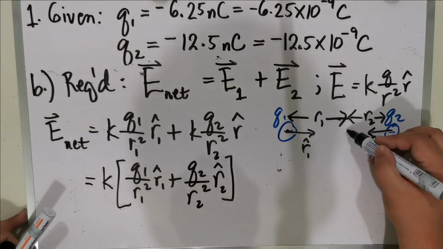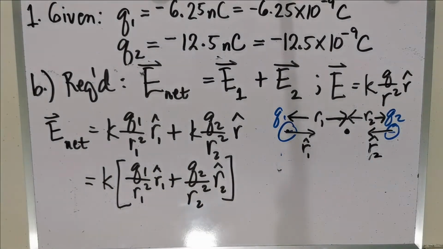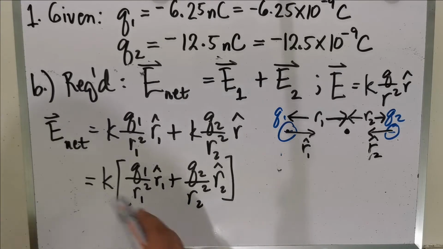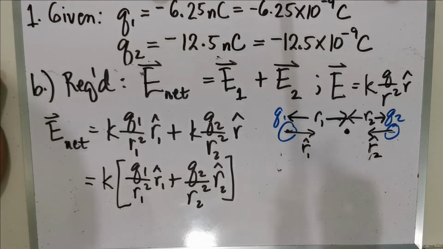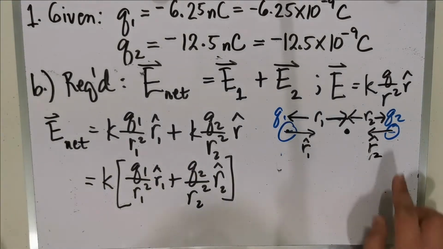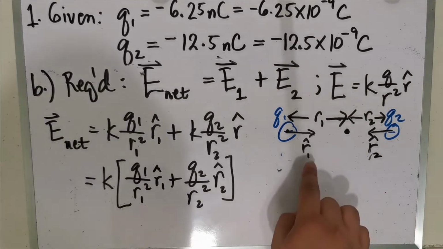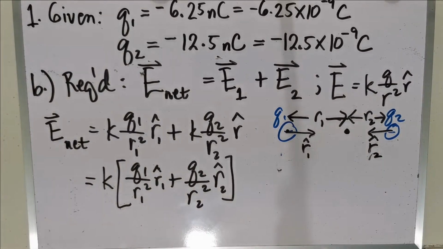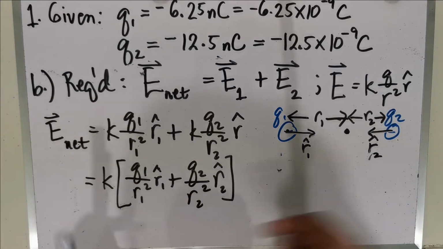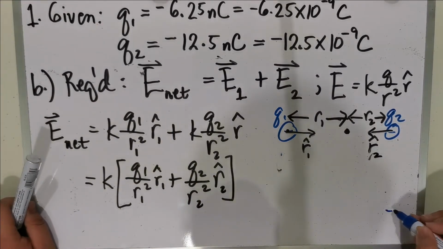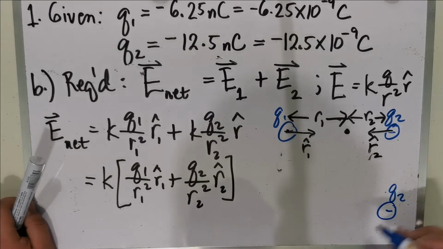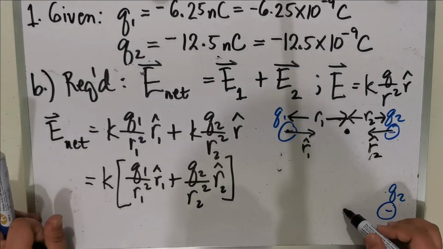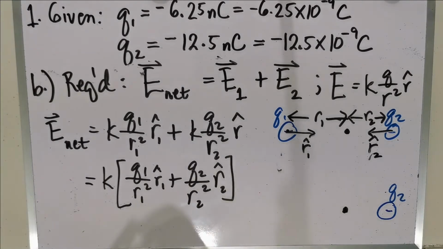So what we will do now is directly determine from our problem the direction of the electric field for each of E1 and E2. So, for example, without thinking about the direction of R1 and R2, if we just look individually at the contribution of each charge, let's say Q2 at point P, the electric field it produces is toward the right.